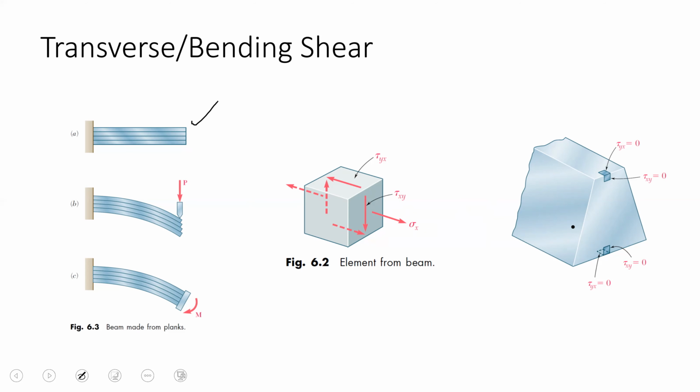They will be displaced like this one. And to keep them joined, we put nails or we glue them. Right? So what happens when you glue them? These are the different faces, and these faces slide against each other.